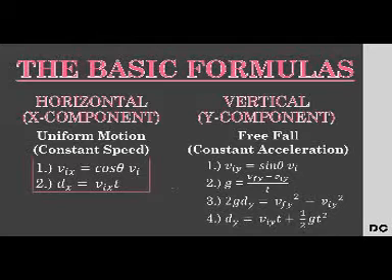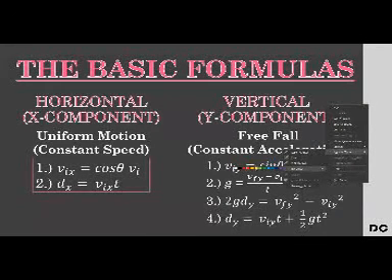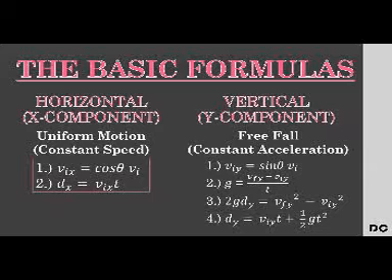As I have mentioned earlier, there is a separate equation for the x component or the horizontal component, as well as a separate equation for the y component or the vertical component. For the horizontal component, we have the first equation, which is the equation for the initial velocity of the x component.